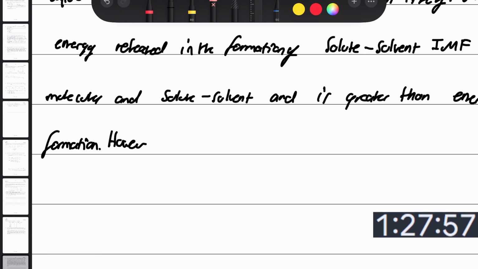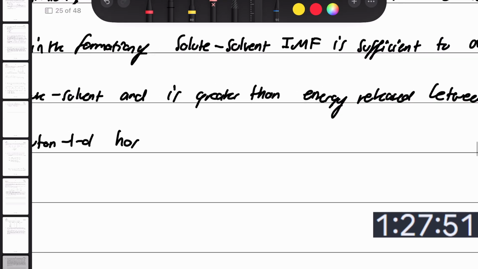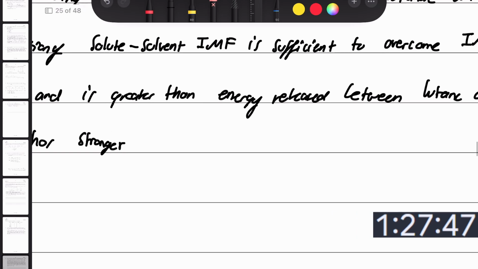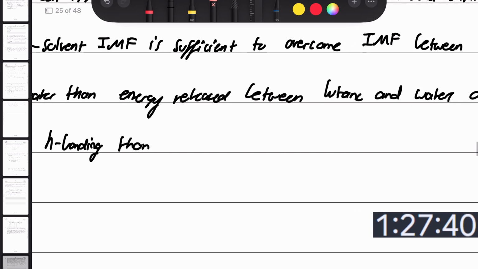However, butan-1-ol has stronger H bonding than butanone, more H bonding sites.